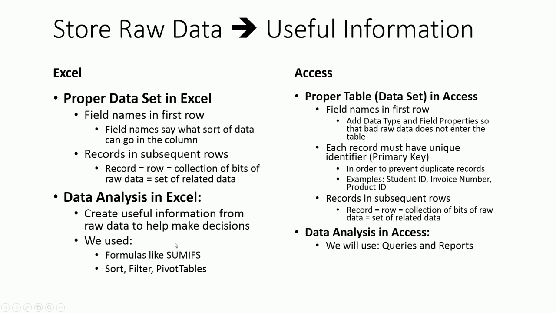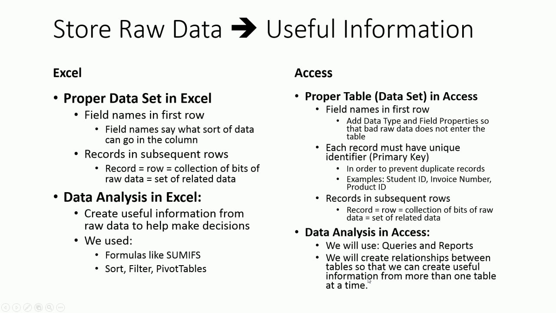Those are all examples of queries. We didn't call them queries, but they're questions we had to organize from the raw data into useful information. So we'll use queries, and then from the queries, we'll build reports. Not only that, but we'll be able to build relationships between tables. That way, when we create our useful information, we can create it from more than one table at a time.